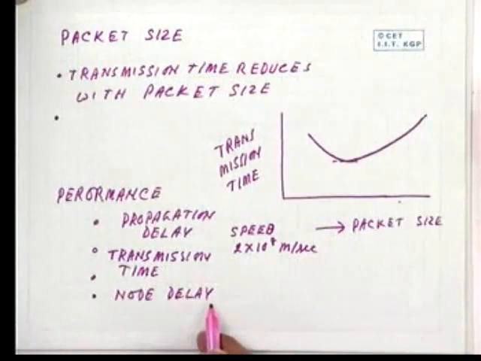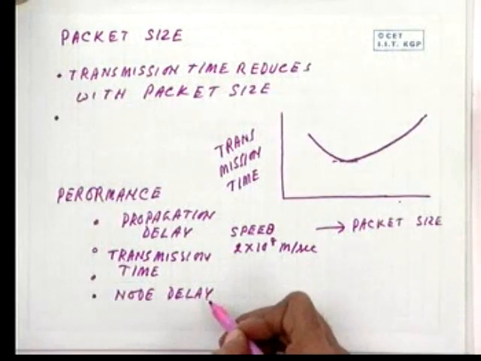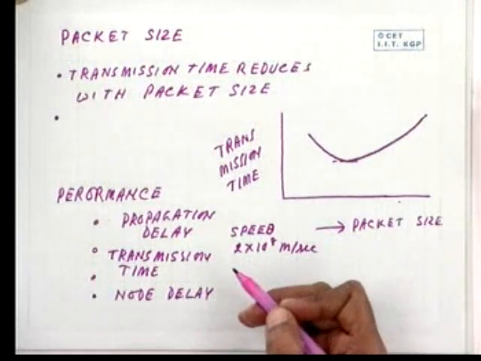Also, depending on the length of the queue, how many packets have already been accumulated, there will be some delay, and that decides the node delay. And these three parameters will decide how efficiently you can do data communication through a packet switching network.